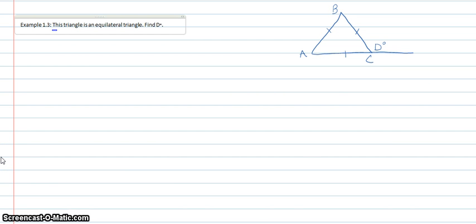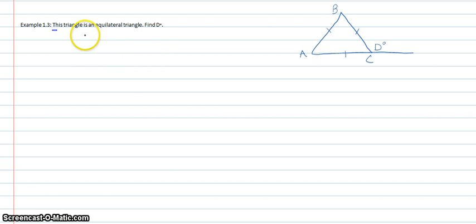In the third example in lesson 1, we are looking for angle D. Now since we're given an equilateral triangle, we know that all sides are the same length, which also means that all angles are the same degree. So if a triangle has three angles that are the same, they should all add up to 180.